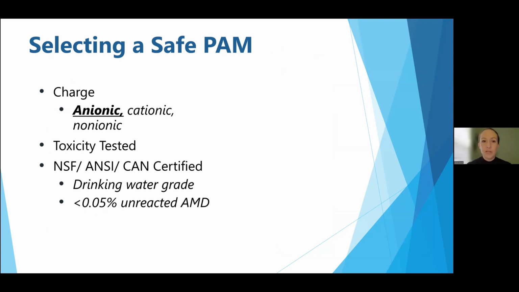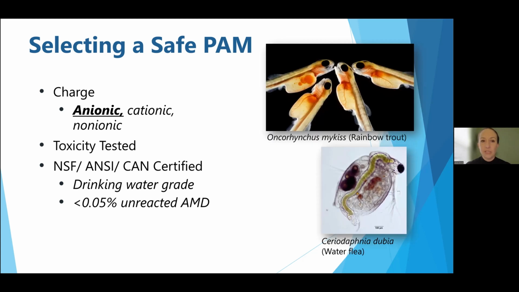When you talk to the manufacturer, we have these things available with the documentation. If you ask the right questions, this stuff should essentially be given to you, so you know what you're using and you know you're using something that's safe and something that's going to work. So first of all, again, we're using an anionic polymer that's safe for fish.